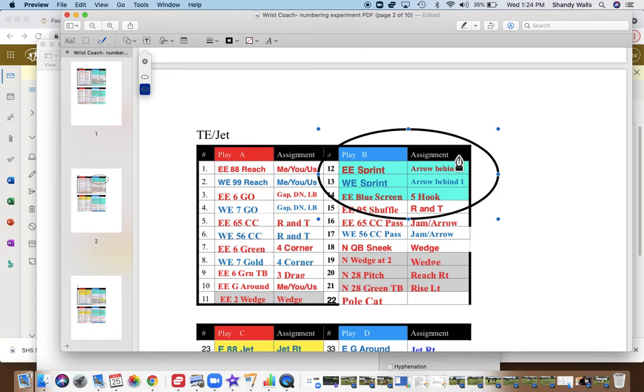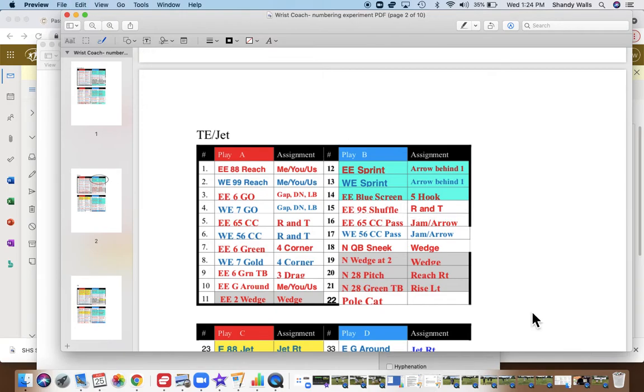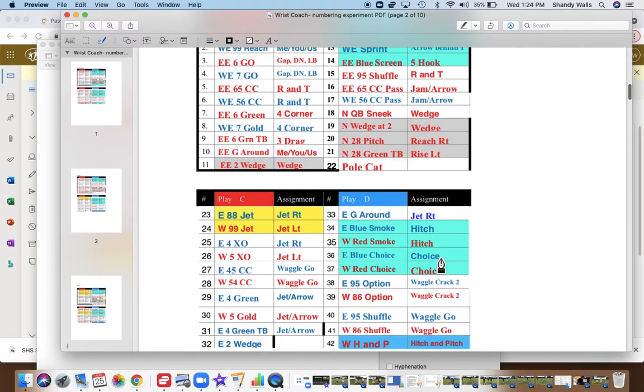And if it's a pass play and it's in aquamarine, that means that we are going on the second hut. Our cadence again is go, ready, hut, hut. If we're running a deep pass, we go on the second hut.